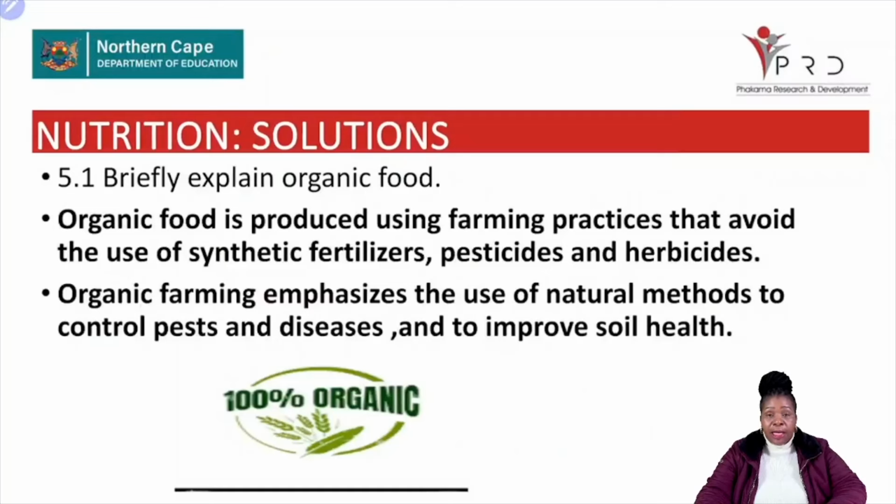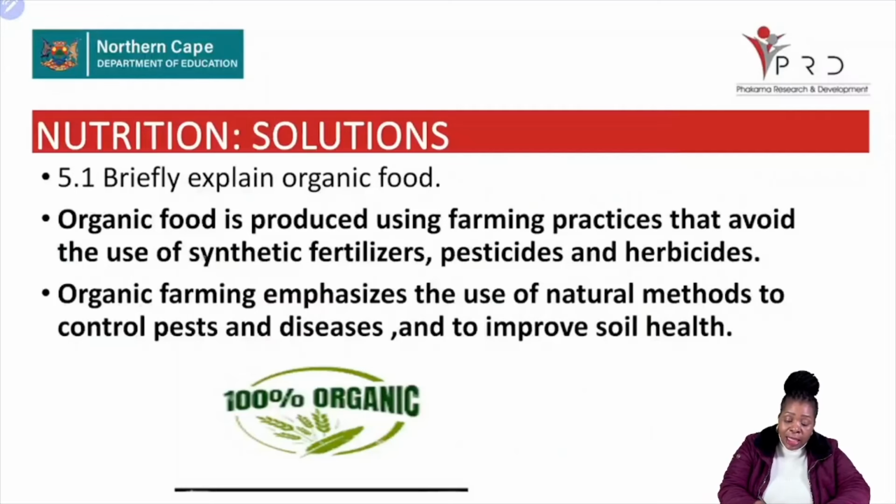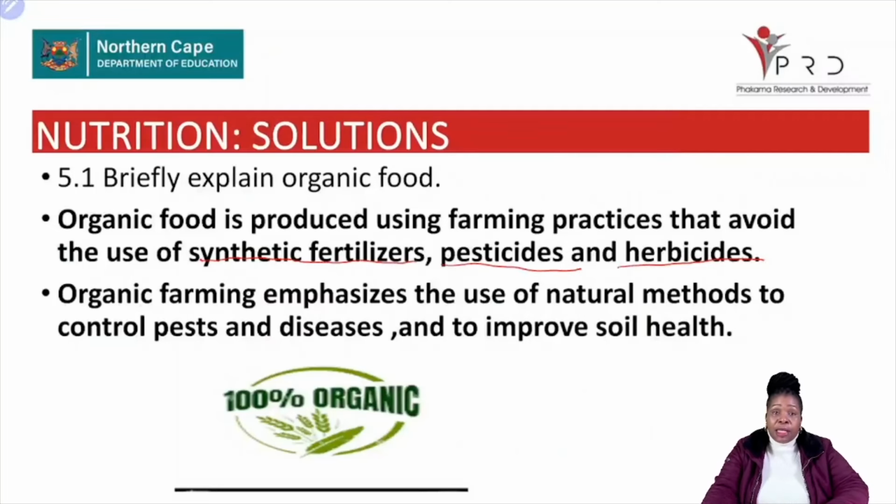Right, welcome back, learners. For 5.1, the answer reads, briefly explain organic foods. Organic food is produced using farming practices that avoid the use of synthetic fertilizers, pesticides, and herbicides. Right?